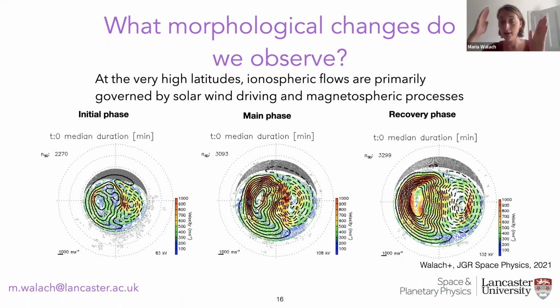So this is when the geomagnetic index starts to go negative. So this is not when it's reached peak yet. And you can see our convection pattern has already expanded. You can see really fast flows going on, especially on the side here, which matches what we saw earlier in terms of the statistical location of fast flows.